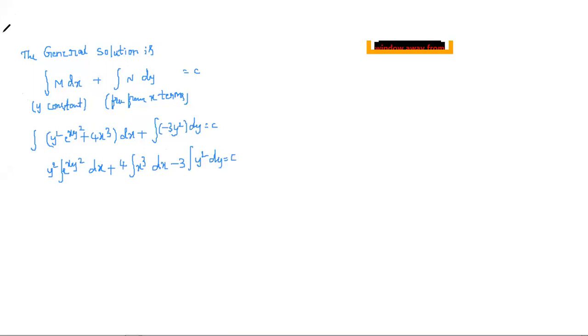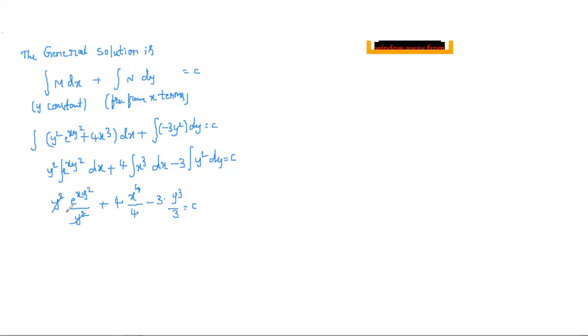And now what we need to write here: y square into integral e power ax is e power ax by a. a is nothing but here y square. So y square plus 4 into x cube integration is x power 4 by 4 minus 3 into y square integration is y cube by 3. So this is equal to c.